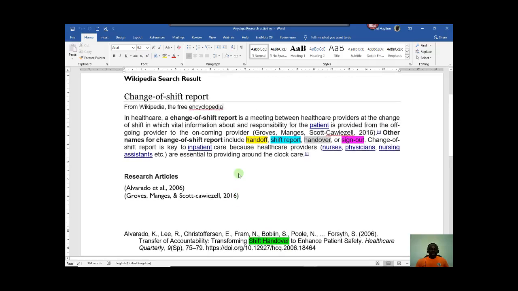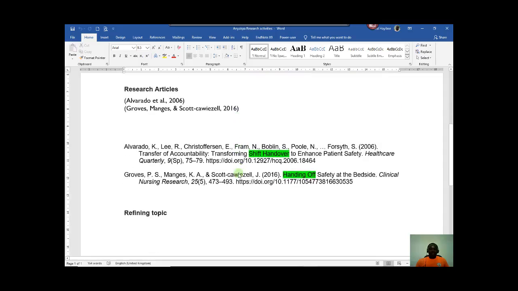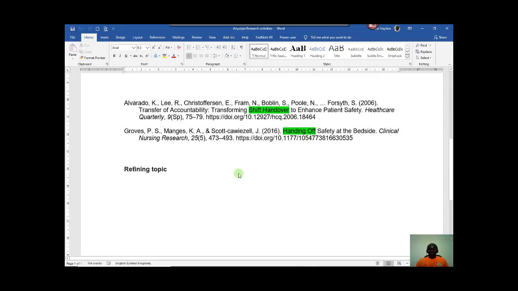The first one was just an online encyclopedia that was a tertiary source, but now we have moved into a secondary information source. These are primary researches that have been done. And when you look, even just in the titles of these two research papers, the first one by Alvarado and co. says transforming shift hand over.